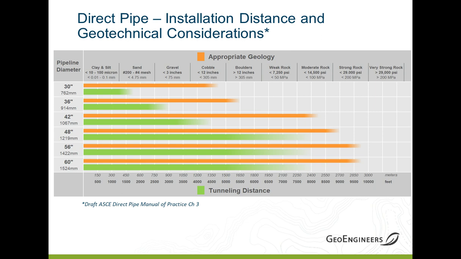But so this graph has appropriate geology on the upper x-axis, and pipeline diameter on the y-axis, and tunneling distance on the lower x-axis.